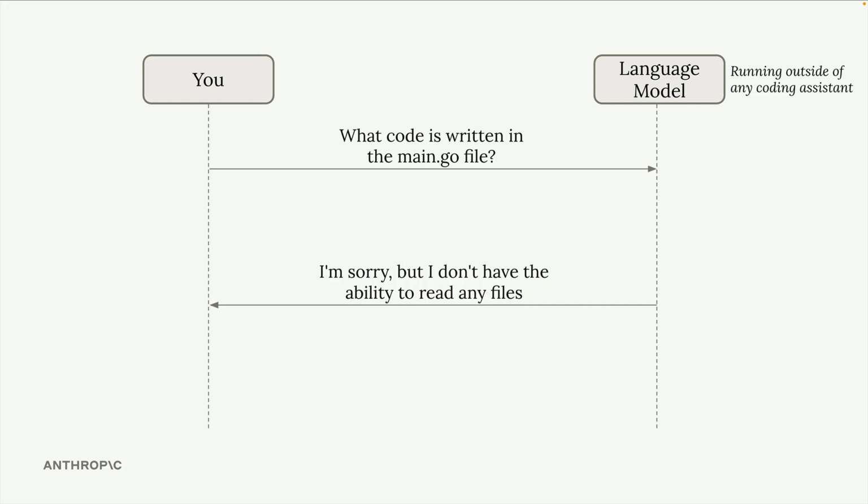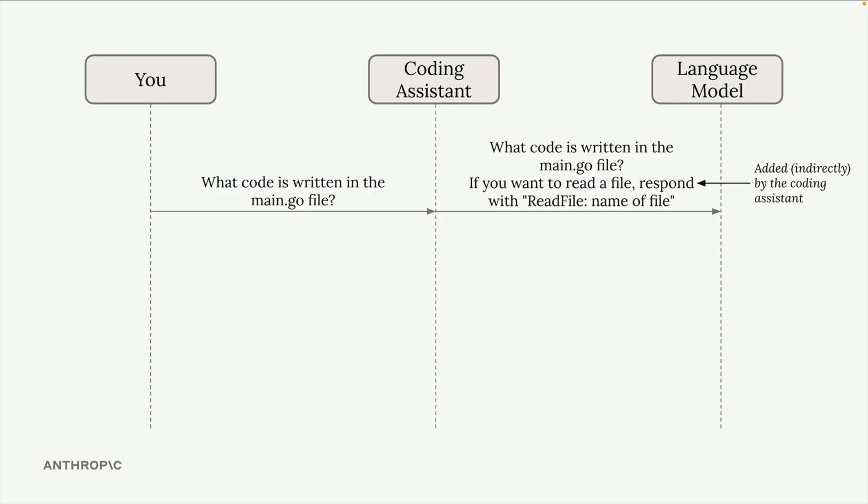So if you were to send some text into a plain language model asking it to read a file, it would most likely respond by saying that it doesn't have the ability to read any files. So let me show you what coding assistants and many other tools out there do to actually allow a language model to, quote unquote, read a file. So here's what happens. Whenever you send a request off to your coding assistant, the coding assistant behind the scenes is going to automatically append a lot of text into your request.